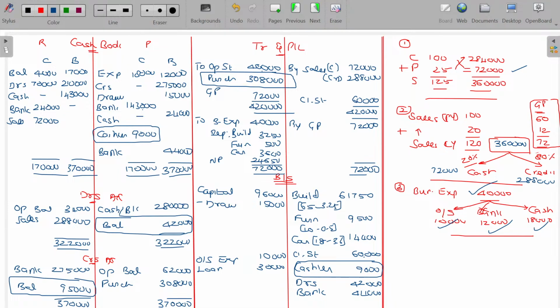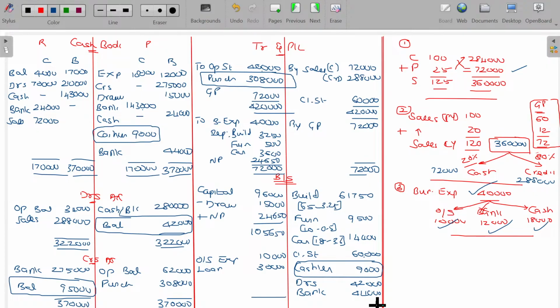24,650 should be added to the capital account. 24,650. Capital minus drawing plus net profit. What is the closing balance? 1,05,650.